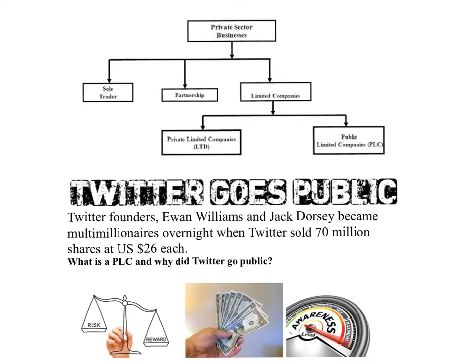So the question is, why would Evan Williams and Jack Dorsey want to start selling shares publicly when before they did it privately? Now, one of the biggest reasons why companies want to become public is for the sources of finance, the share capital that is available to them. And what I mean by share capital is when investors buy shares, obviously they're buying them for a fee. In this case, it was $26 per share.